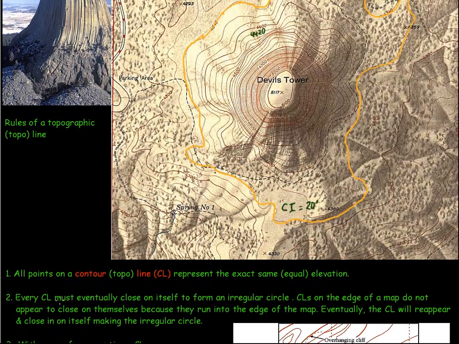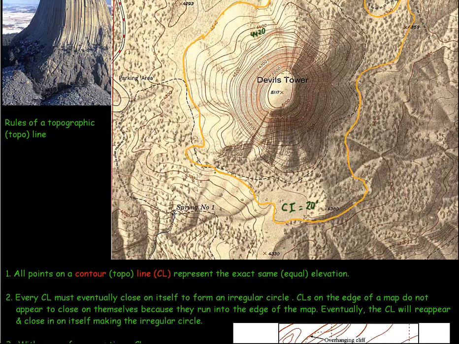Law number 2: every contour line must eventually close in on itself to form an irregular circle. Contour lines on the edge of the map may actually jump off, but they have to jump back on. And if they don't show this irregular circle, it's just because the map isn't big enough. Here's a nice regular circle that I showed you. The smallest one that's there is this 5100, the top of it.